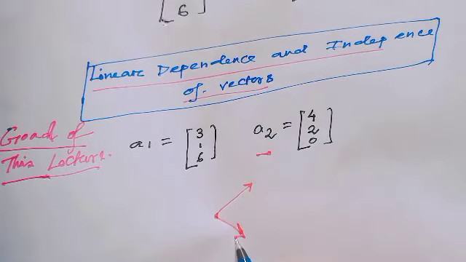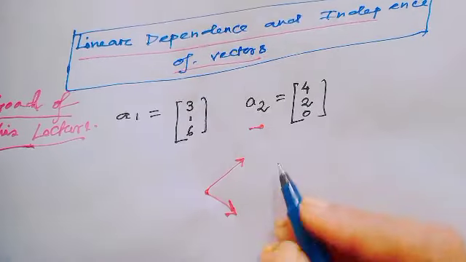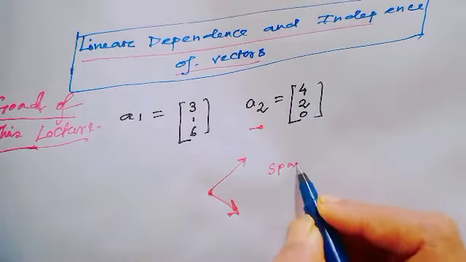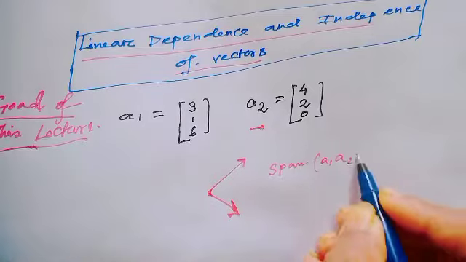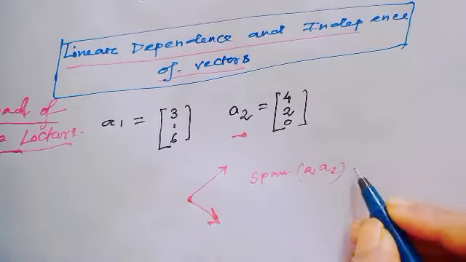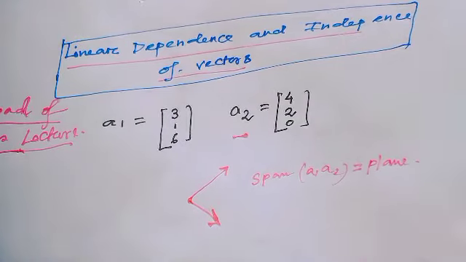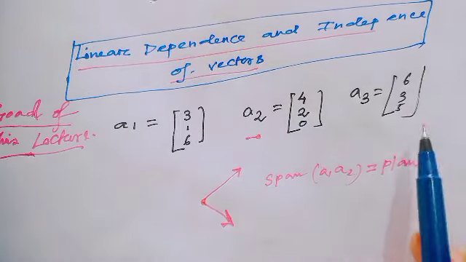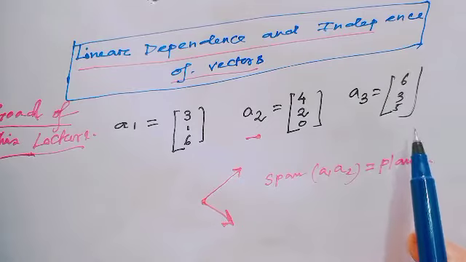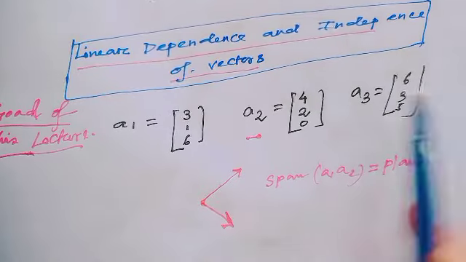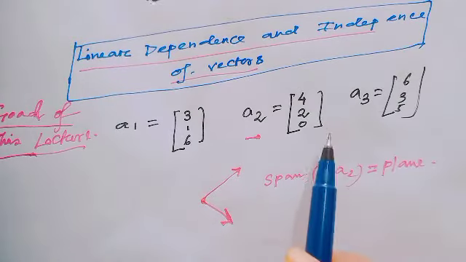Consider this is A2. Actually, the span of A1, A2 is a plane in the space R3. Consider another vector A3 equal to 6, 3, 5. This is also not dependent on A1 and A2.